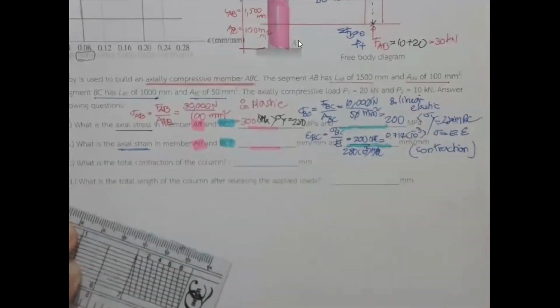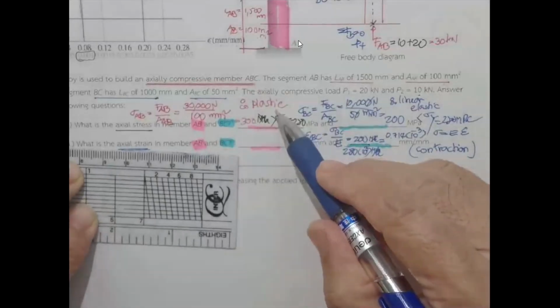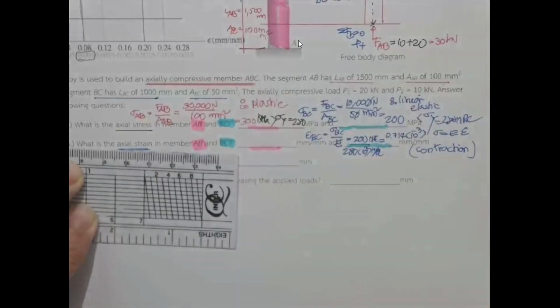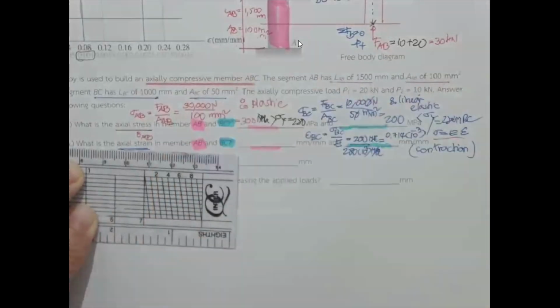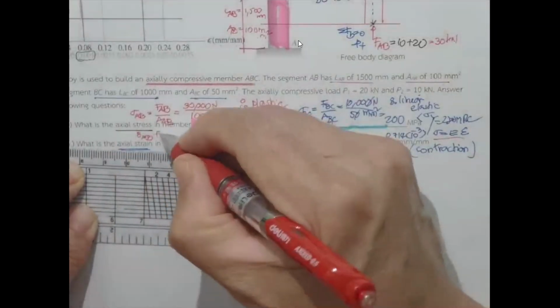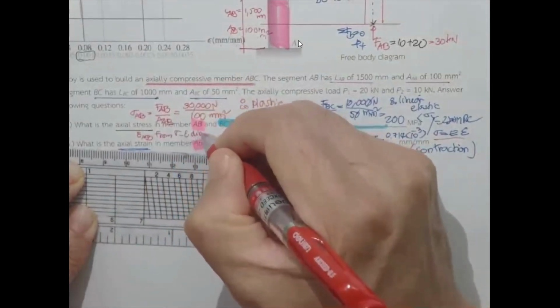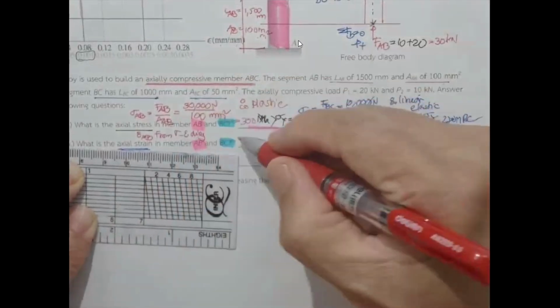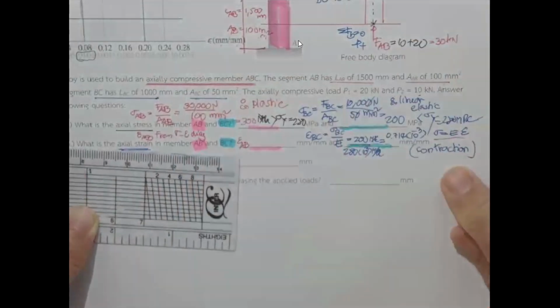Now, for the AB, when it is in the plastic region, you cannot use Hooke's law. You have to determine strain sub AB from the graph. We take it from the stress strain diagram, so we come to our graph.